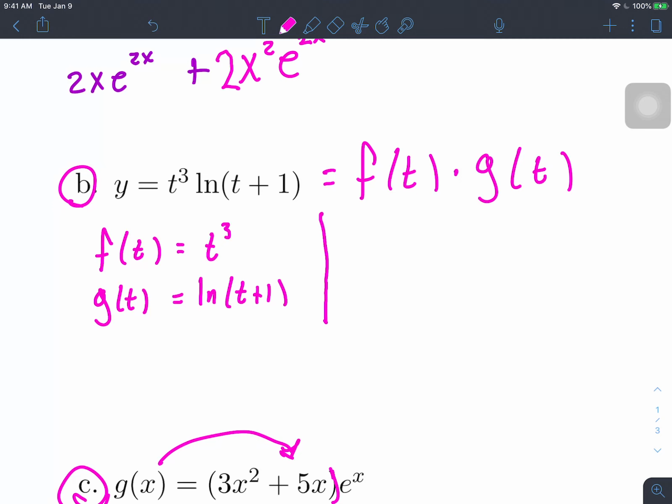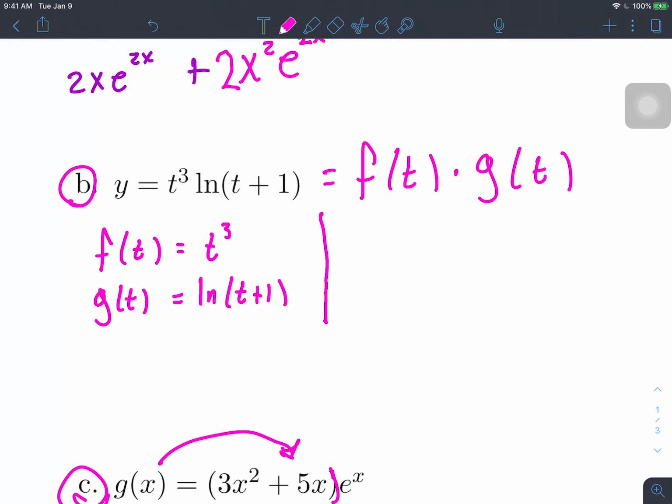Doing the derivative of g of t will require the chain rule. However, in and of itself, it is a function which I know how to do the derivative of already. So it's okay that ln of t plus 1 is a little bit complicated, as long as we know how to do its derivative using our other rules, we're going to be okay.